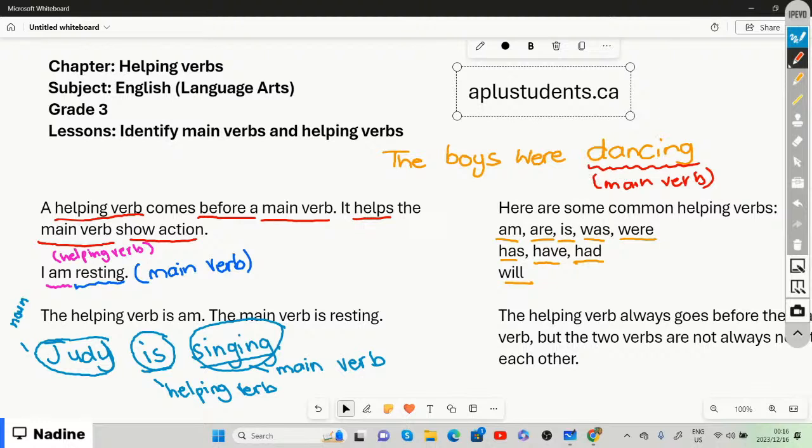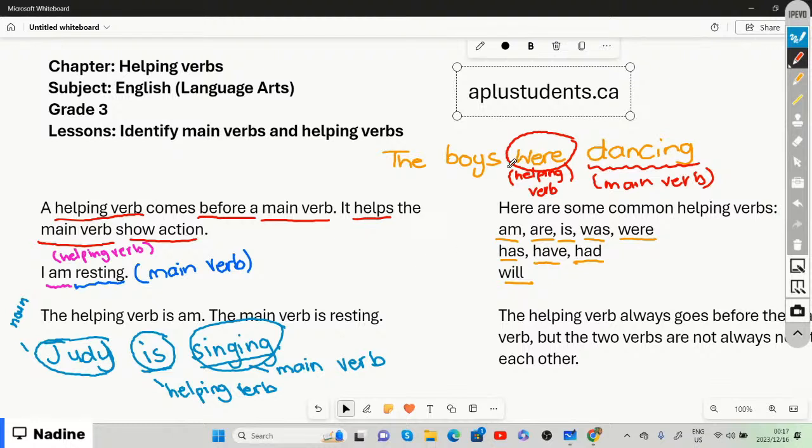And the helping verb that is helping the main verb to show the action is the word were. So were is the helping verb that's helping the main verb, which is dancing, to show the action. Right?